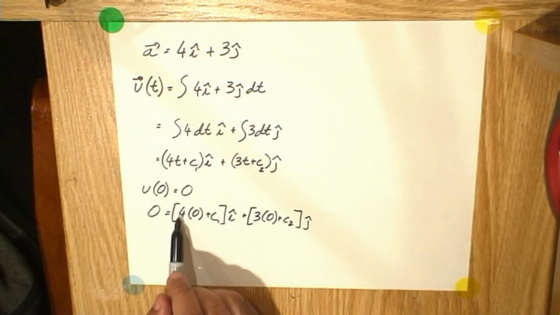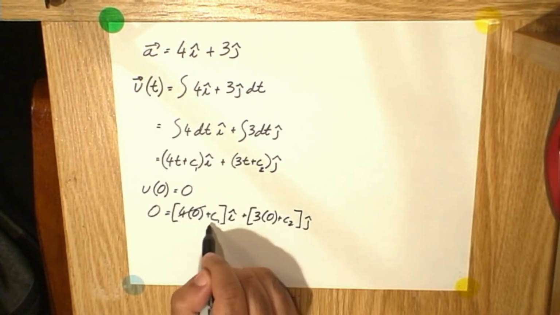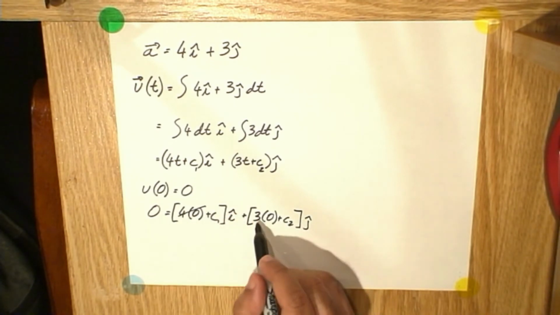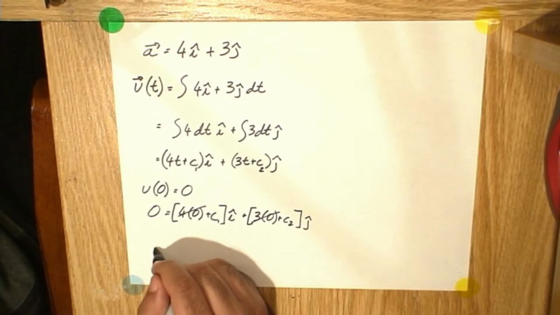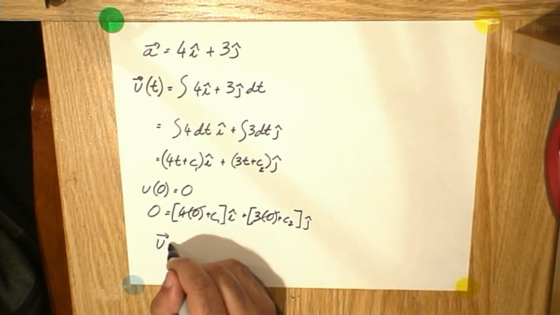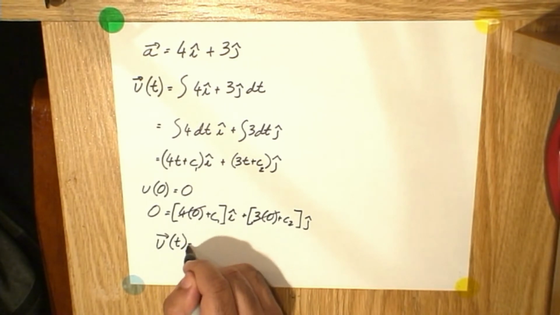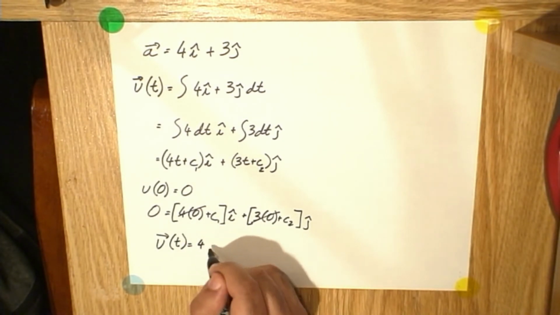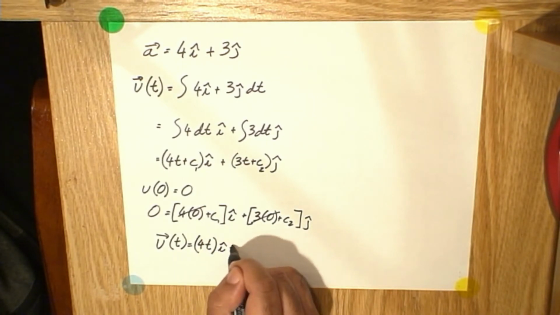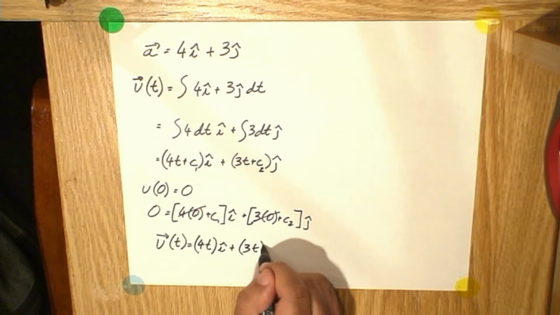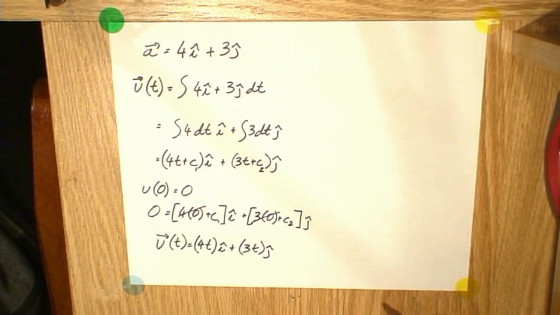As you probably guessed, 4 times 0 becomes 0, so that means that c1 must also be 0. 3 times 0 is 0, so that means that c2 must also be 0. So we end up with the velocity as a function of time is equal to 4 times t i hat plus 3 times t j hat. Now, let's solve for the position.